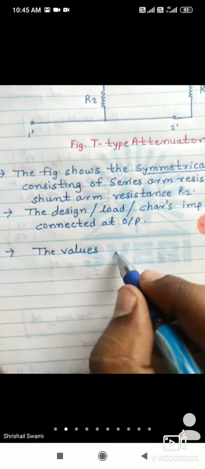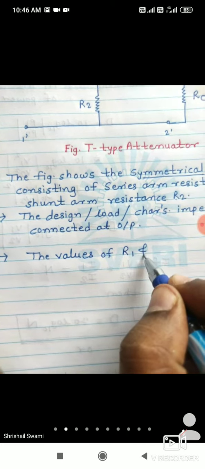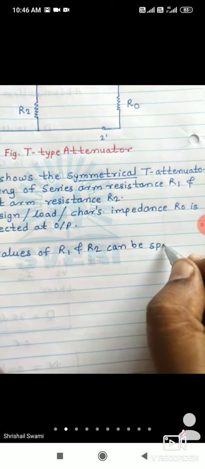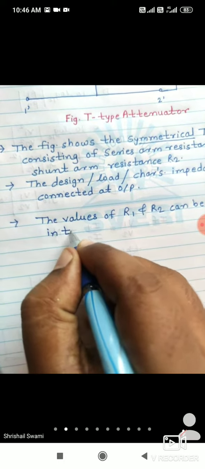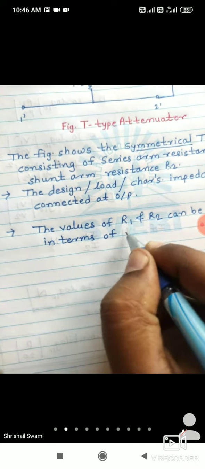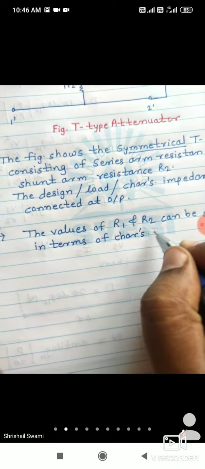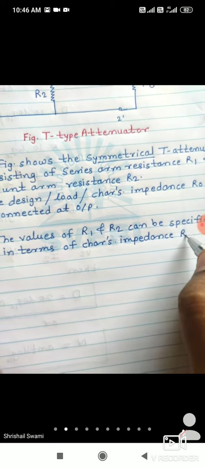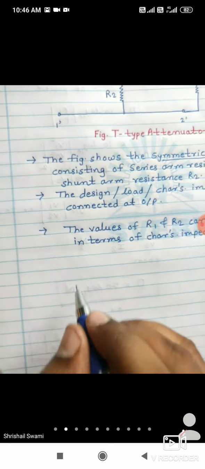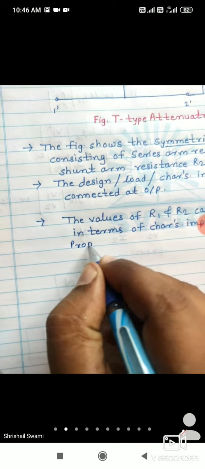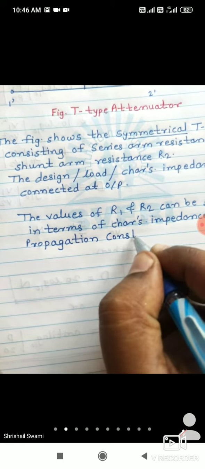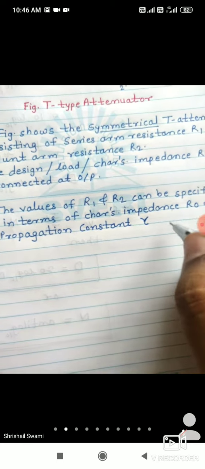Okay, so the values of R1 and R2 can be specified in terms of characteristics impedance or resistance, characteristics impedance R0 and propagation constant gamma, okay, of the network.